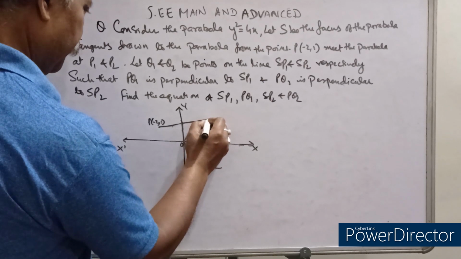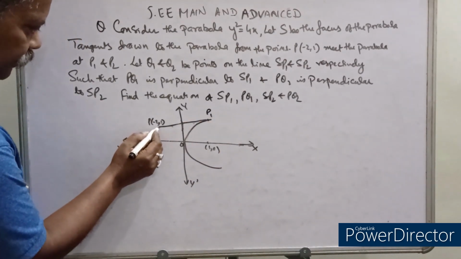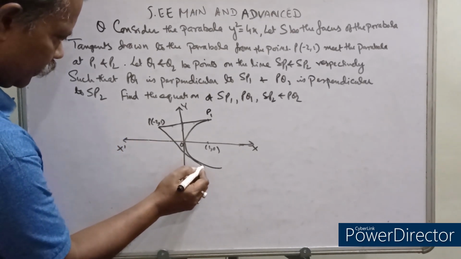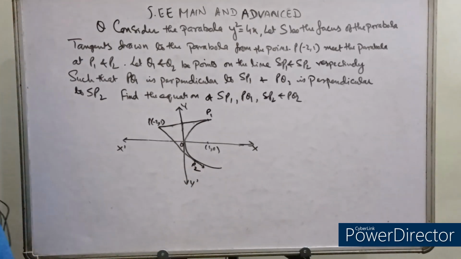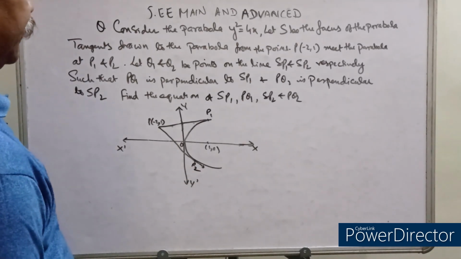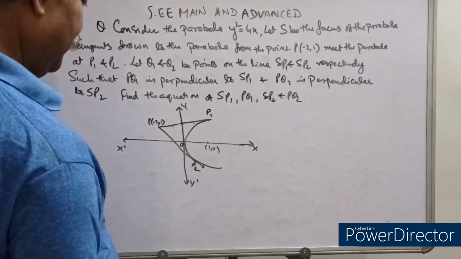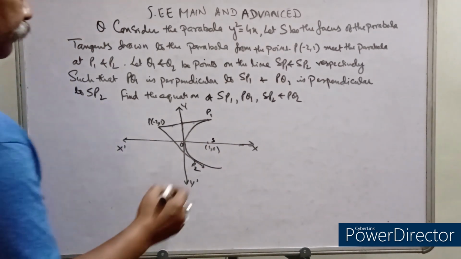Here is P1 and another one, it meets at P2. Now let Q1 and Q2 be points on the lines.